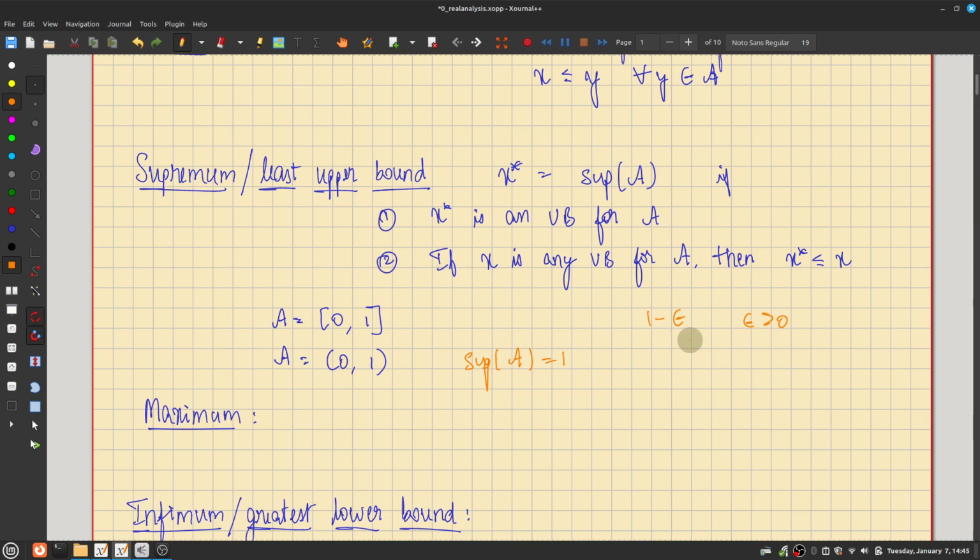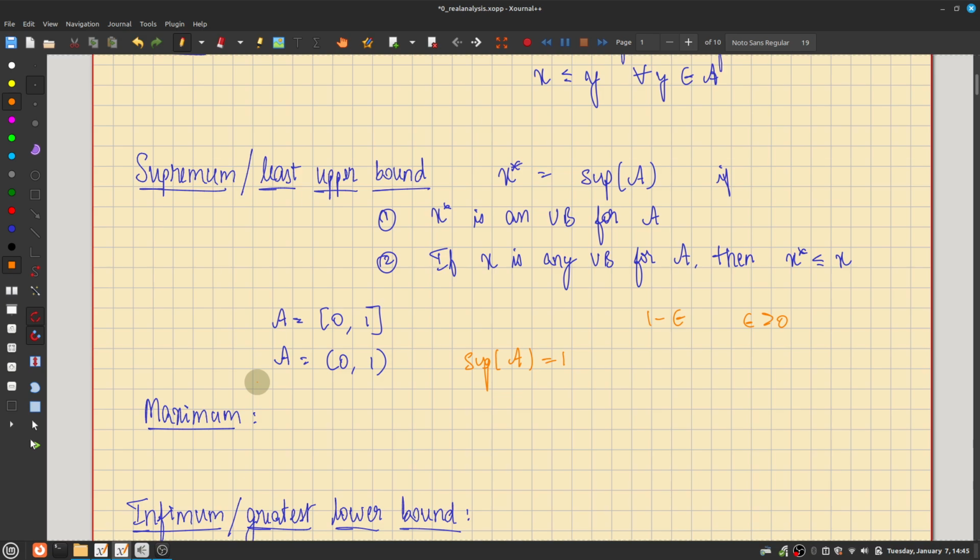Any number which is less than 1 can be written as 1 minus epsilon for some epsilon greater than 0. Now can 1 minus epsilon ever be an upper bound for A? Why not?